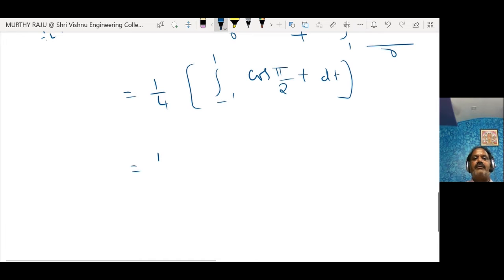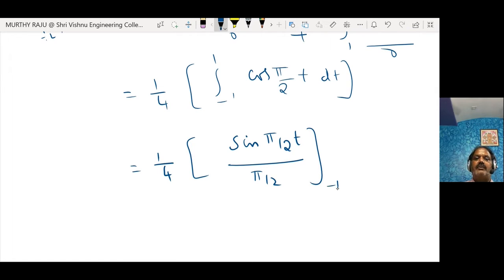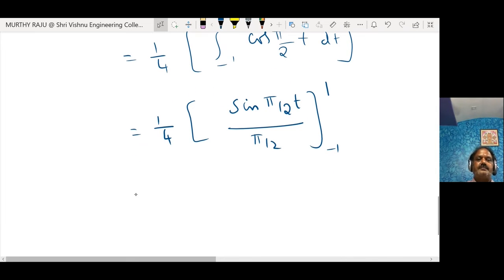That is equal to 1 by 4 times the integral of cos pi by 2 t, which is sine pi by 2 t divided by pi by 2, from minus 1 to 1. That is equal to 1 by 4 times 2 by pi.